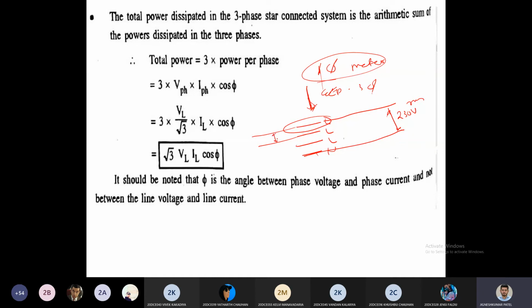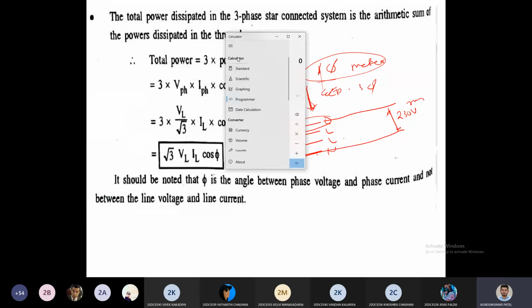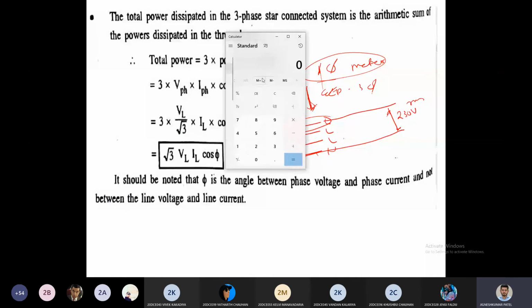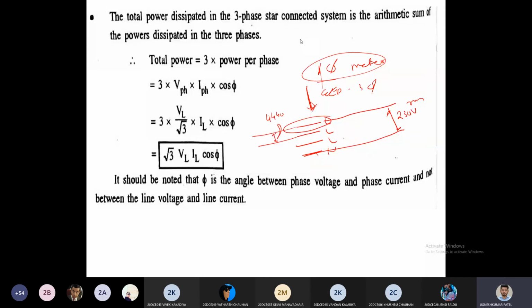Okay, but if you have a 3 phase system and at your home you measure the voltage between two lines, like line to line voltage, it would be somewhere around 440. Even you can calculate this. How can you calculate this? Use your calculator. It is root 3 times your neutral voltage. So let us find out root 3 first. Just do under root 3 into 230.